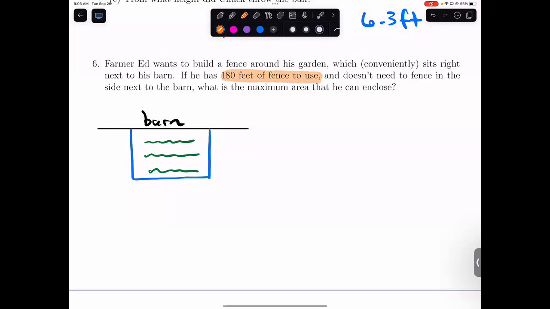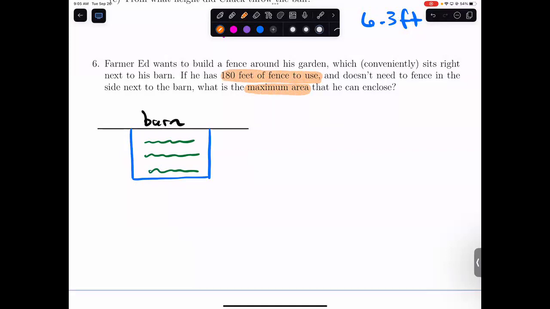So apart from the geometry, like getting the diagram from the description of what's going on, there are 2 things here that are relevant in terms of the math. One is that there's 180 feet of fence to work with, right? That puts a constraint or a restriction on what he can do. If the question was just what is the maximum area and he had unlimited fence, well, figure out how to build it so that you have half the world split up and there you go.